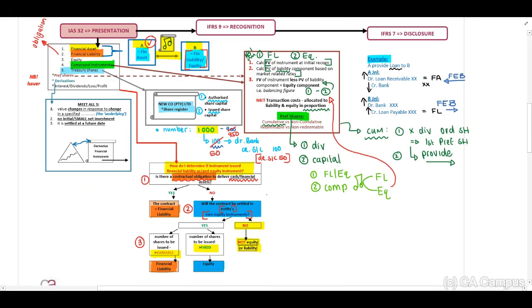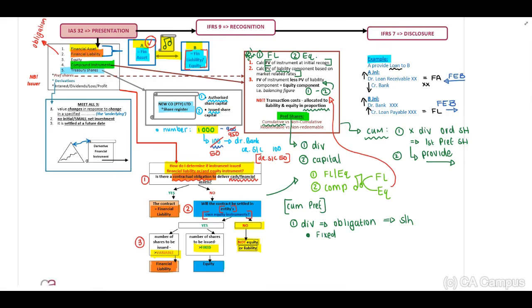If we look at our preference shares, if we have cumulative preference shares, how do we recognize our cumulative preference shares? If we look at our dividend portion, do you agree with me that there's an obligation to pay our dividends to the shareholders? Now this is fixed based on the number of shares and the percentage.